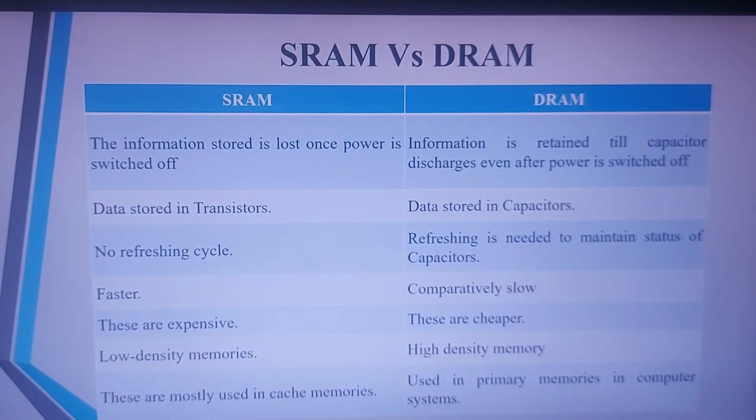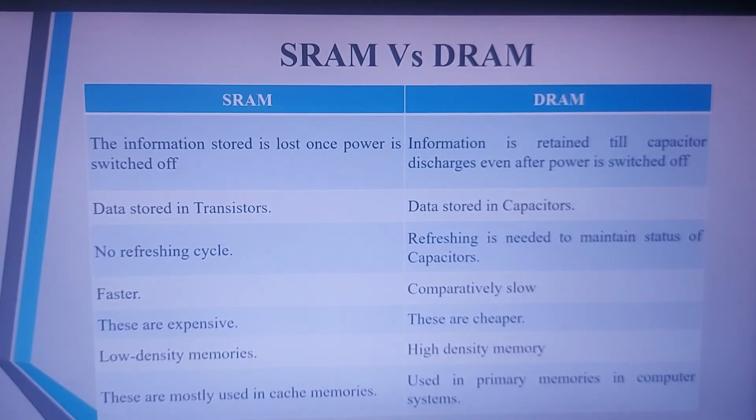But capacitors need a refreshing cycle to retain the data. So SRAMs are much faster compared to DRAM. At the same time, SRAMs are expensive compared to DRAM. So DRAM is cheaper but slower. SRAM is faster but expensive.